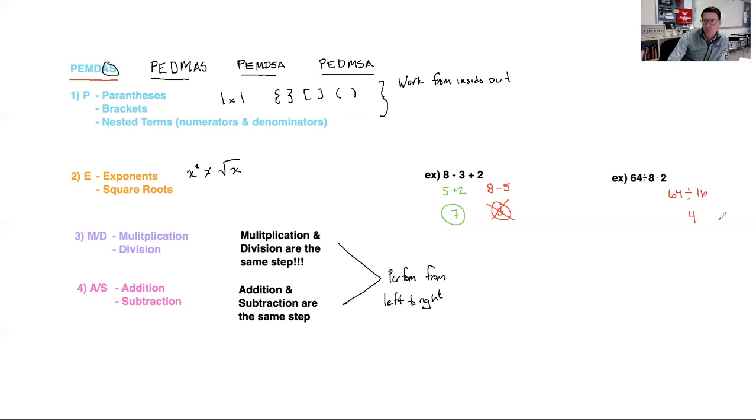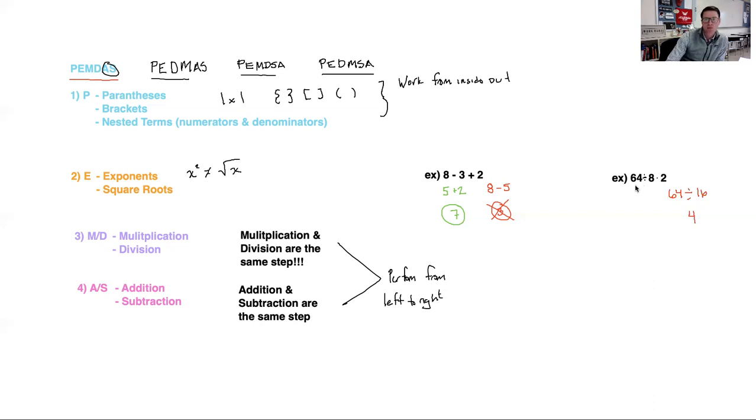All right. And then somebody else comes along and says, whoa, wait a second. It's not just PEMDAS. It could be PEDMAS, right? If I have the multiplication and division in the same step, I'm going to go left to right. So I'm going to divide before I multiply.